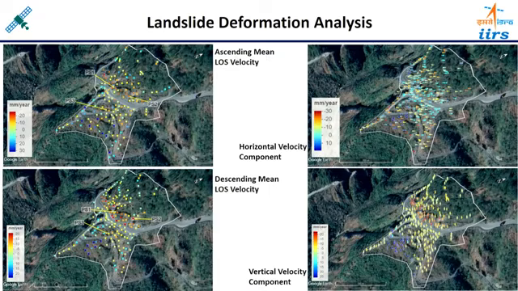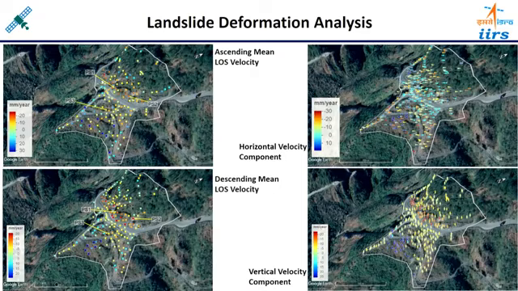Then I have picked basically 3 points from this particular region, 2 points from here and 1 point on the downward side. This is PS1, that is persistent scatterer point number 1, PS2 and PS3, and the same points I have picked from the descending data set. Because this is the time series of the displacement, I have investigated the time series of the displacement from the ascending data set as well as from the descending data set.